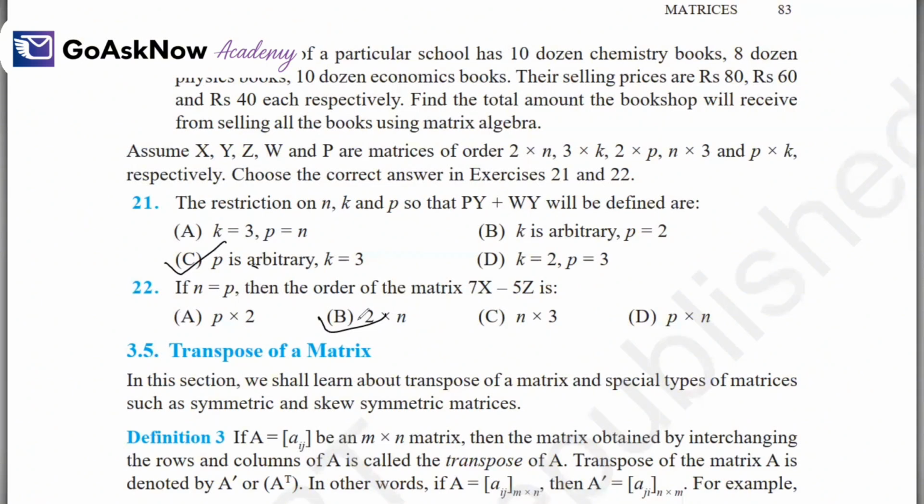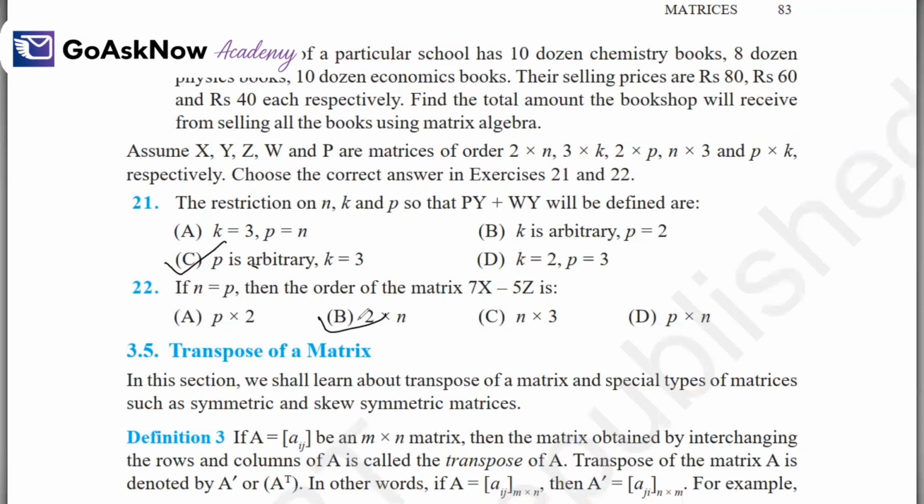So let's see the definition of transpose of a matrix. If A is equal to [aij], an m cross n matrix, then the matrix obtained by interchanging the rows and columns of A is called the transpose of A. So if you interchange the rows and columns, the elements in the row are changed into the column, exchanged with the column elements.